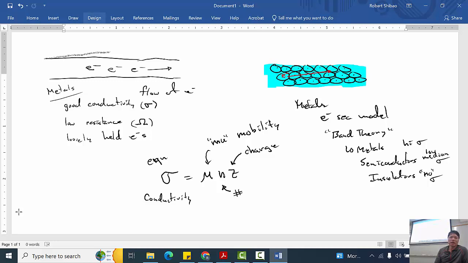And so this is the metallic structure. It forms a crystal lattice of atoms. These aren't ions, these are atoms, but the electrons are loosely held.